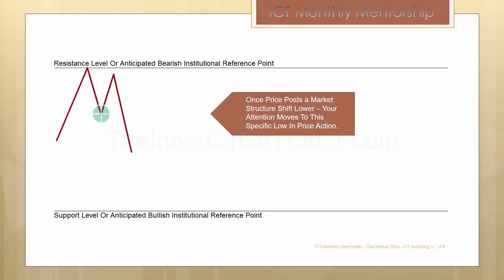Once price posts a market structure shift lower, your attention as the trader moves to this specific low in price, right there. Inside that low, we're going to be focusing on the last down candle, because the last down candle is where the buying took place right before that little short-term rally up.